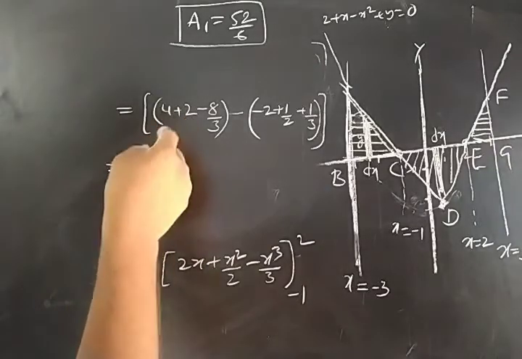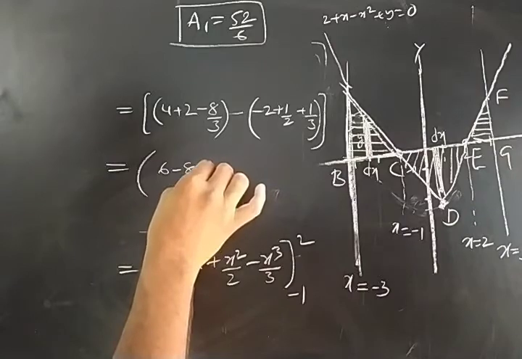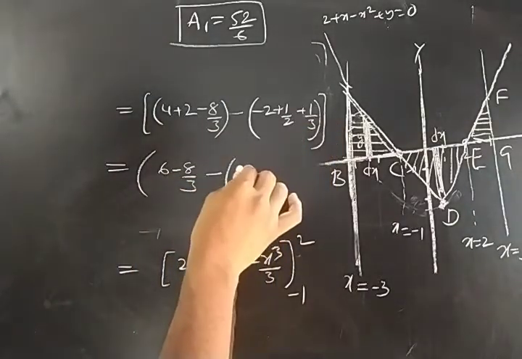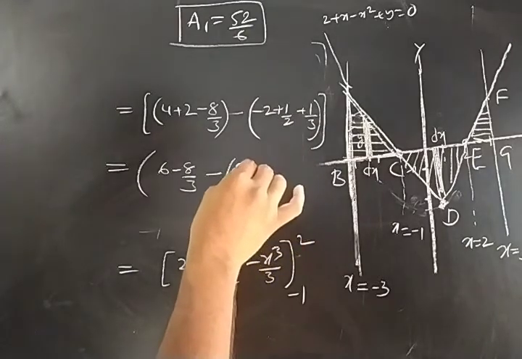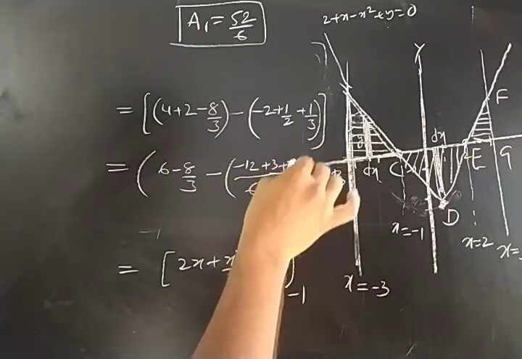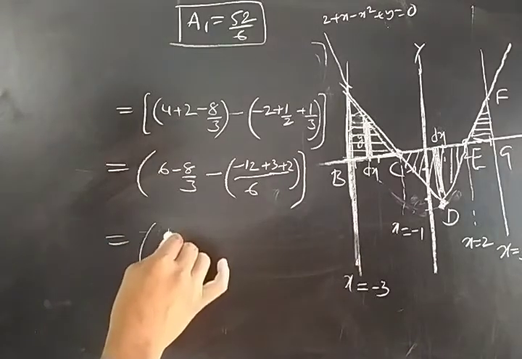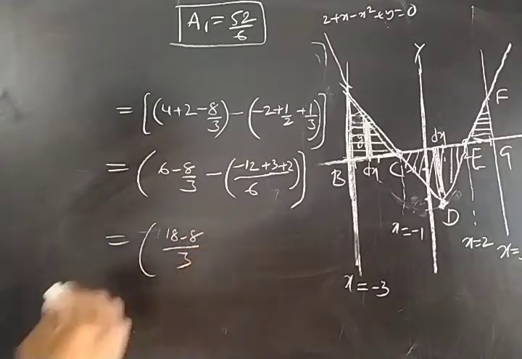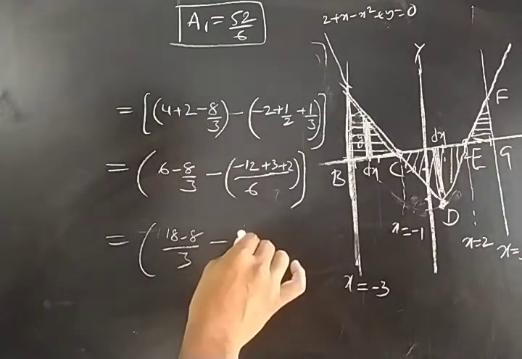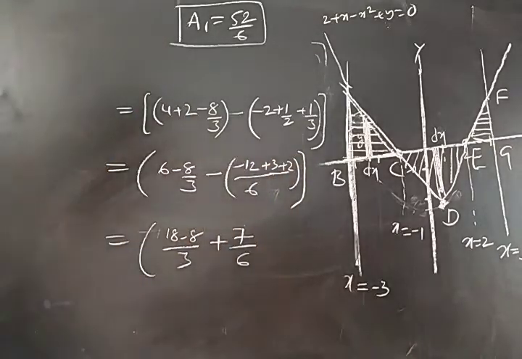So this is 4 plus 2, 6, minus 8 by 3, minus, by taking the LCM 6, minus 12 plus 3 plus 2, which is minus 7 by 6.